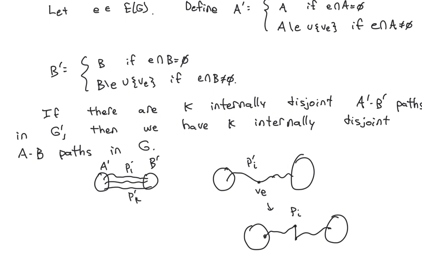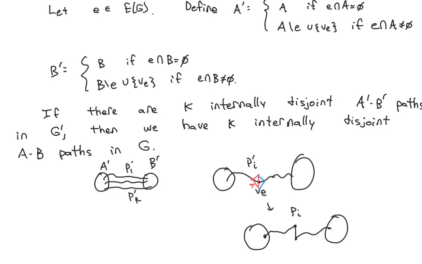But then by definition of contraction, this red vertex had to be adjacent to one of those endpoints of that edge in the original graph, and same with the blue vertex here. And so either you can bypass the edge entirely, or you replace that contracted vertex with this edge, and now you get a path in the original graph.